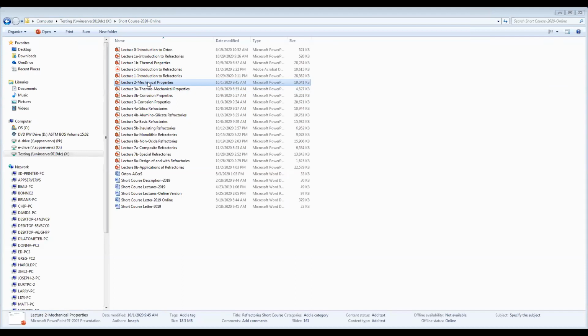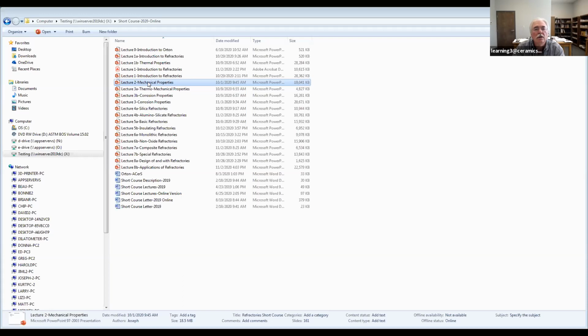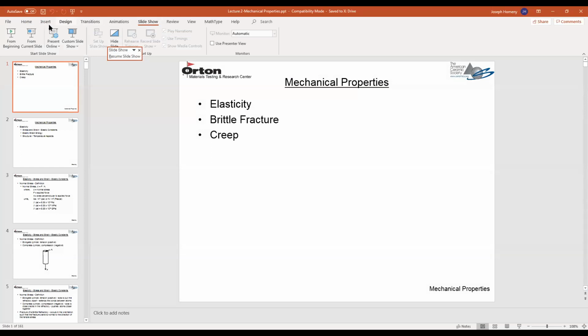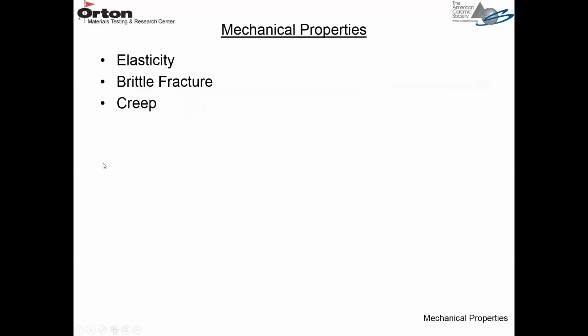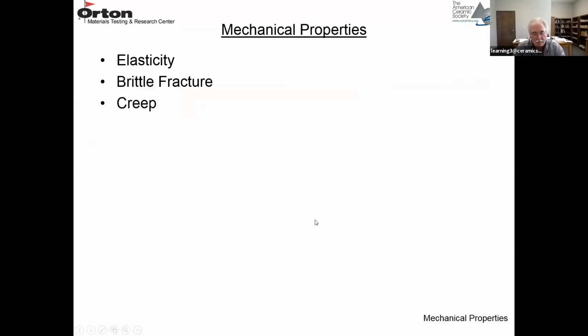It says my screen sharing is paused. Did that help? No. There, yeah, there we go. Is that better? That's better.